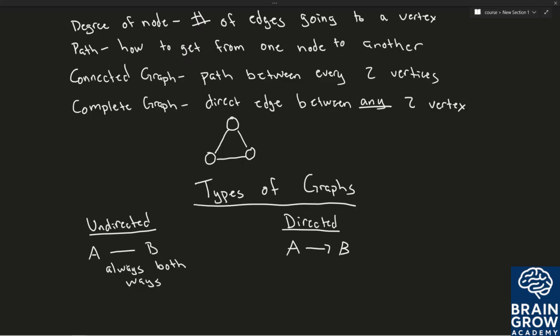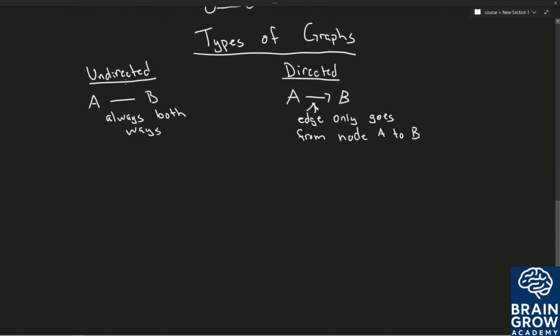The edge only goes from node A to B. That's the difference between undirected and directed. In the undirected, we can go either from A to B or B to A. But as soon as we have a directed, we can only go, in this case, from A to B. We cannot go from B to A.